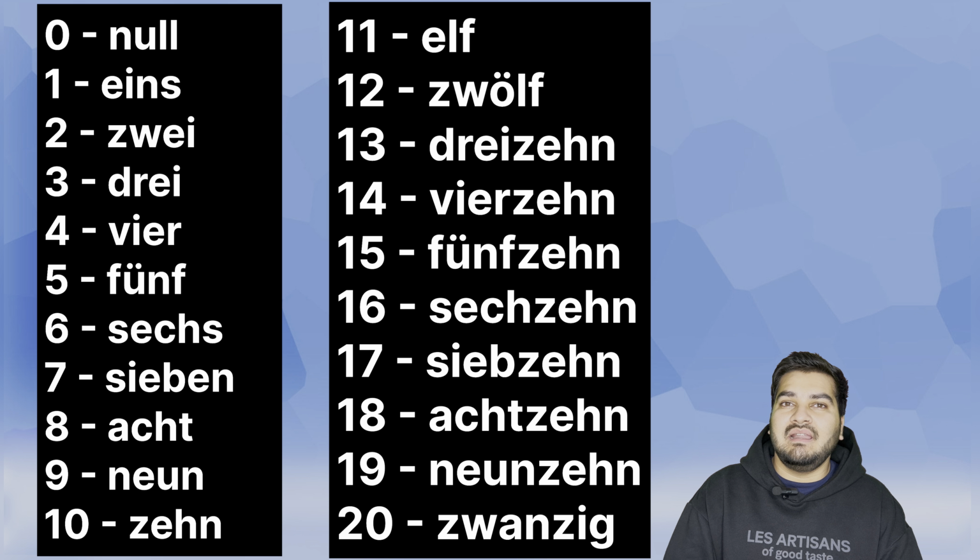We will just add zehn, which is 10, after 3. So 11 is elf, 12 is zwölf. Now as you can see, 11 is elf and 12 is zwölf. After that we have this teen thing, so we are also going to add zehn.